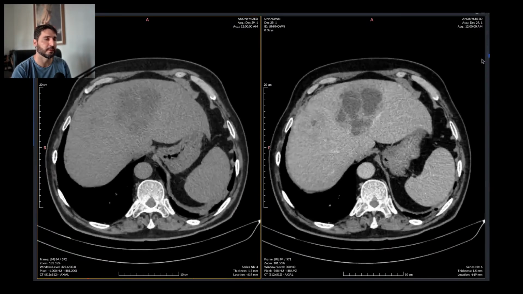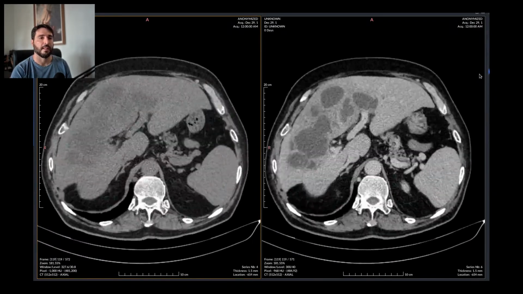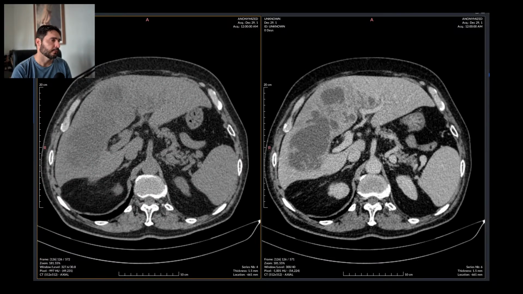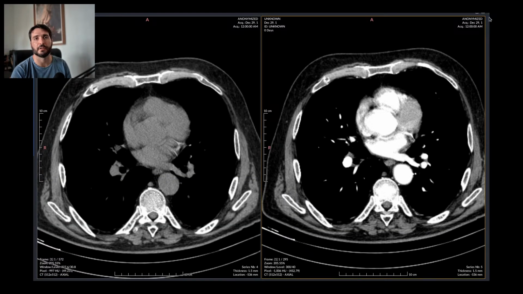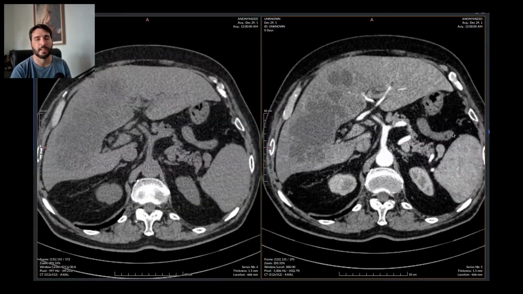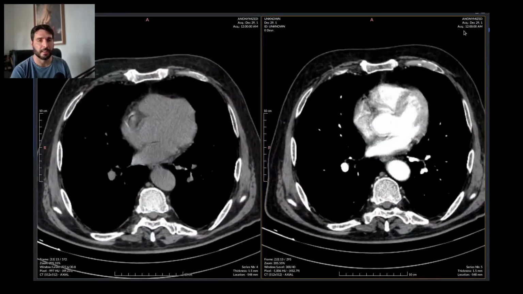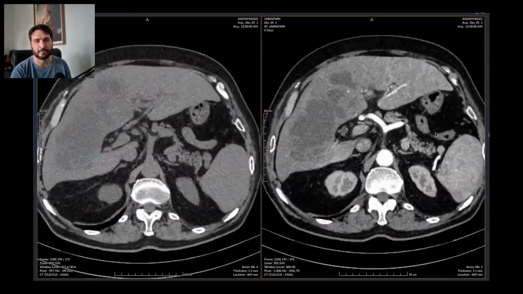What could this be? As we inject contrast, since this is a liver exam, we should first check the arterial phase of enhancement, which is much earlier than the portal phase.